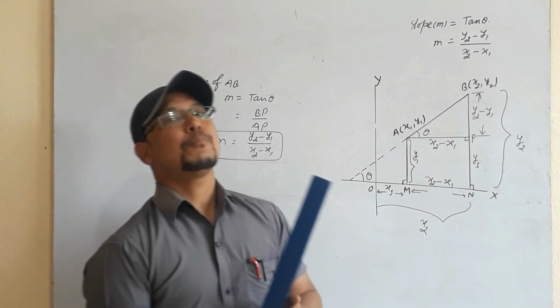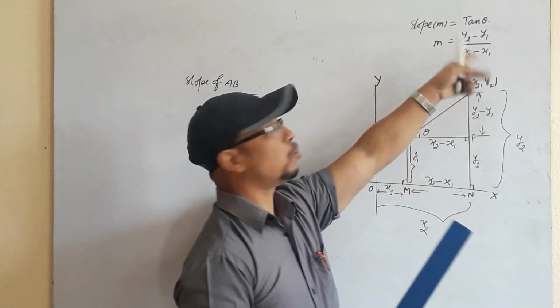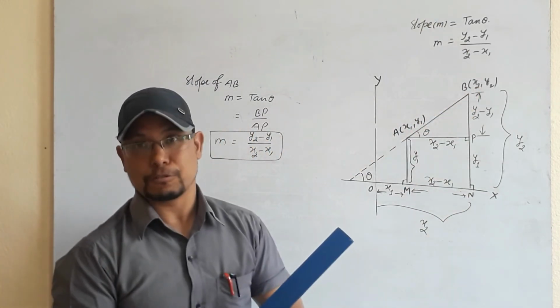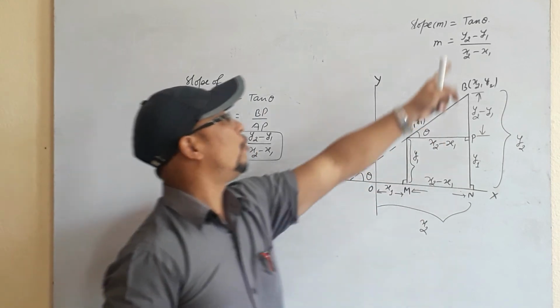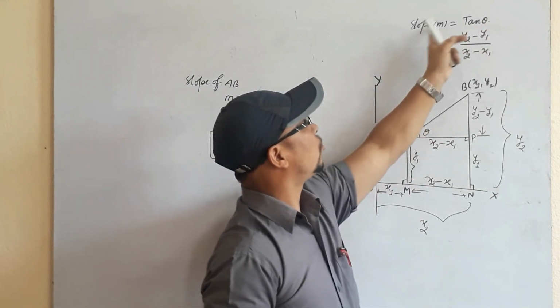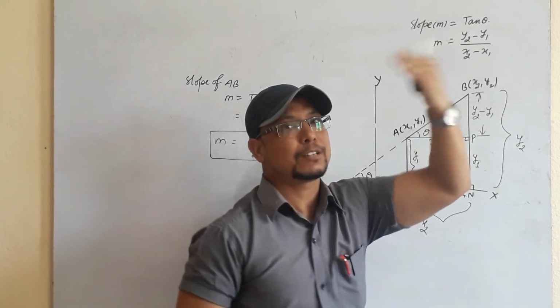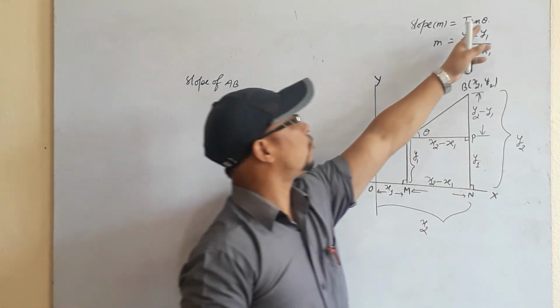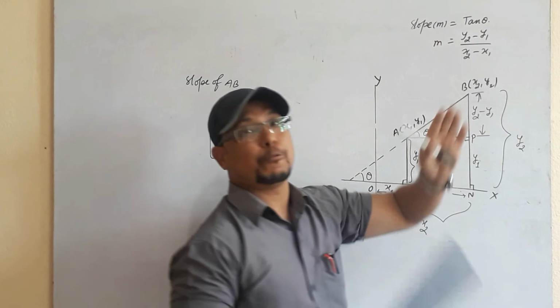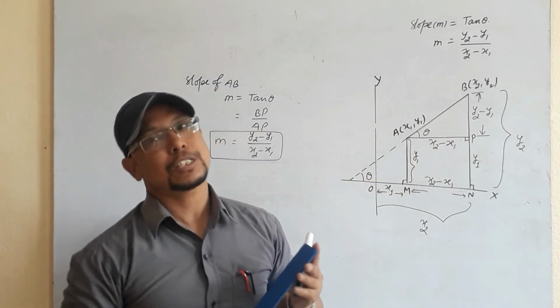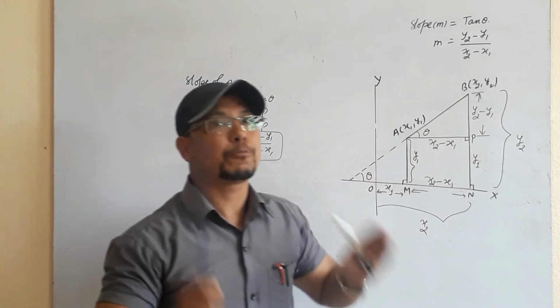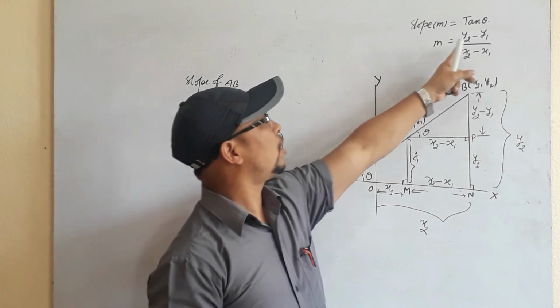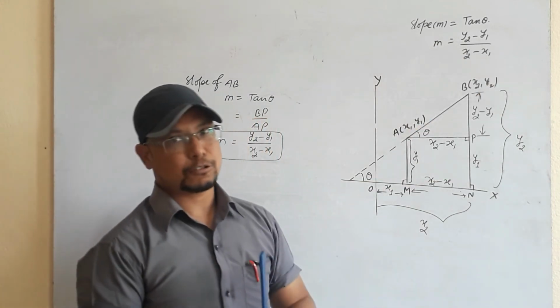The very important thing is when to use which formula. Students often get confused. Remember, when the angle with the positive x-axis is given, use m equals tan theta. When the coordinate points are given, use y2 minus y1 by x2 minus x1.